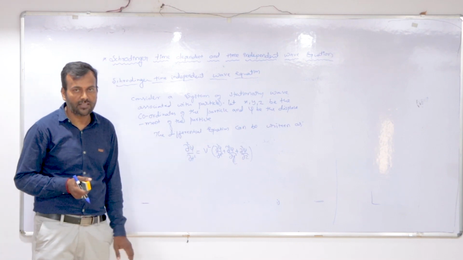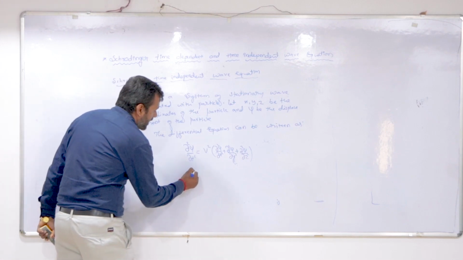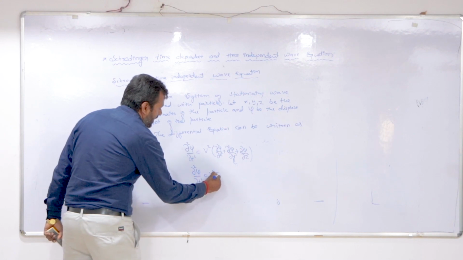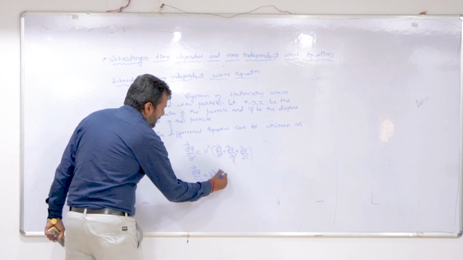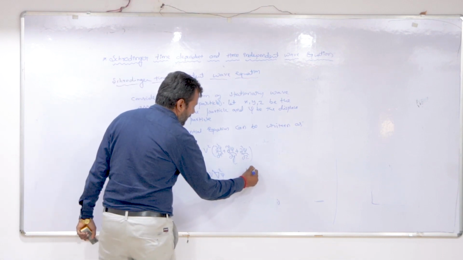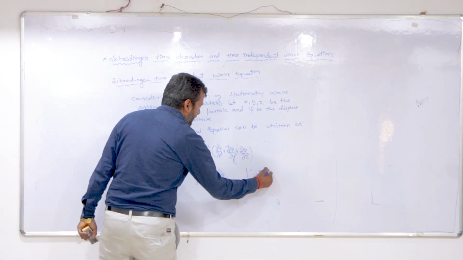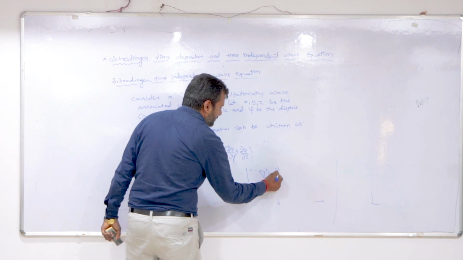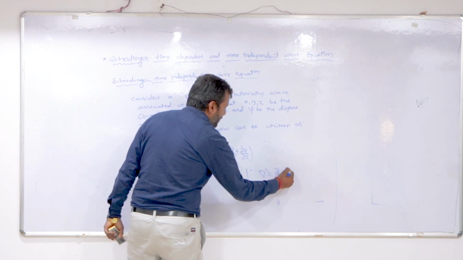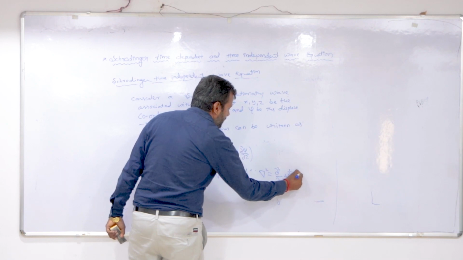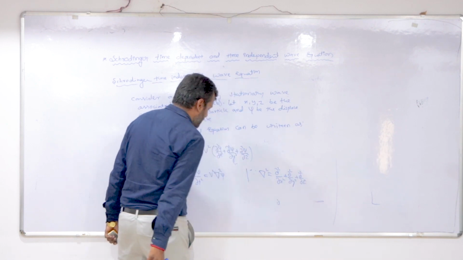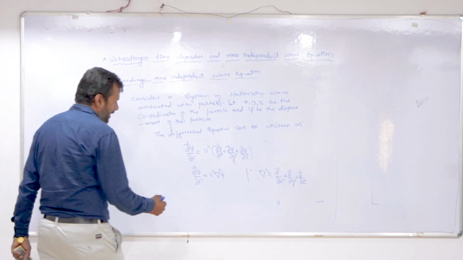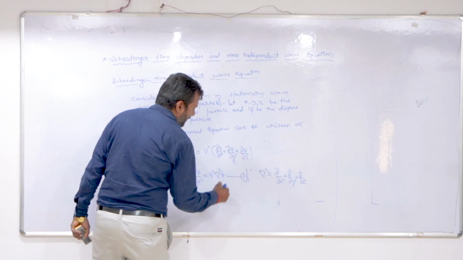So this equation can be written as dou square psi by dou t square is equal to v square del square psi, because we know that del square is equal to dou square by dou x square plus dou square by dou y square plus dou square by dou z square. So we can replace this by del square, right? We'll make it equation number 1.